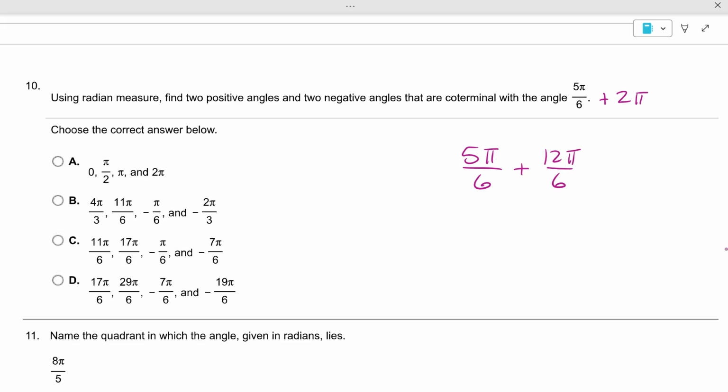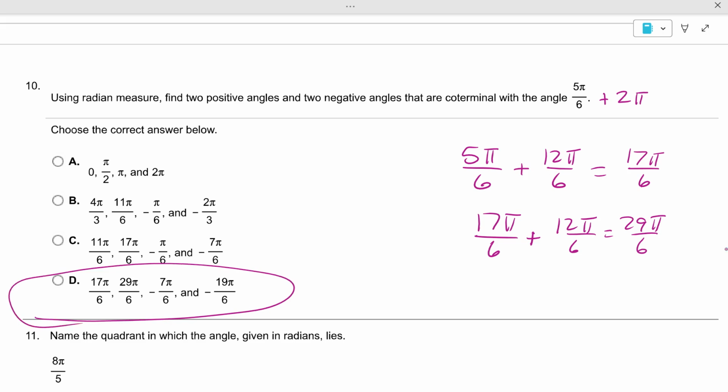So you get 17 pi over 6, and then you add 12 pi over 6 to that, and you get 29 pi over 6. And since it's multiple choice, you look over here and you say, oh, yeah, it's going to be that one. 11 pi over 6 is not 2 pi apart, so you cannot use C.